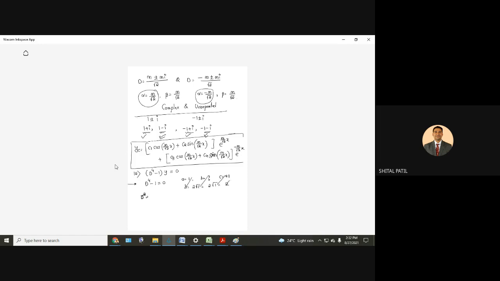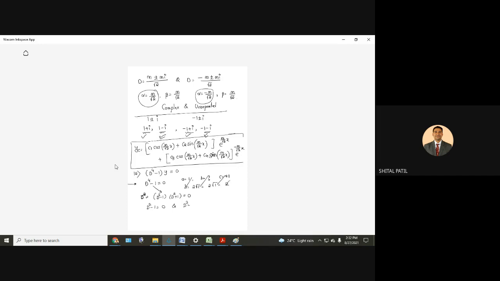Anyone tell me how we can solve the example? Any alternative is there? Can I write like this? D square minus 1, D square plus 1? Yes. If minus sign is there, then we can solve the example in this way. And therefore, D square minus 1 equal to 0. Sorry, please make the required change.